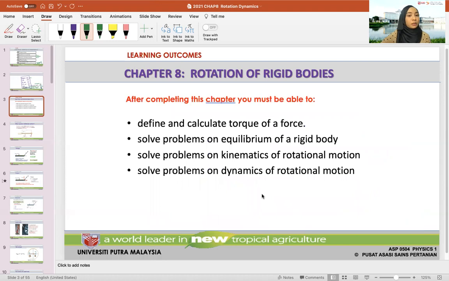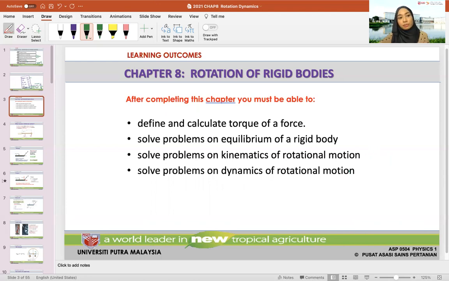So for this chapter, we will try to define and calculate the torque of a force, and solve problems on equilibrium of a rigid body. We've heard about equilibrium before. It was equilibrium of force, right? Equilibrium means that the object is not going to move. But what does it mean when you have an equilibrium of a rigid body? It's not rotating. So nanti kita akan belajar. Solve problems on kinematics of rotational motion.